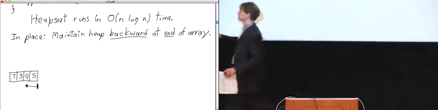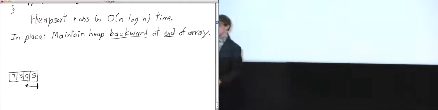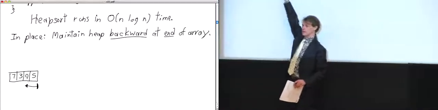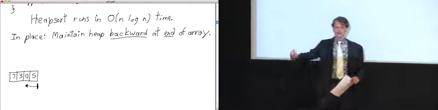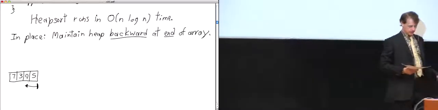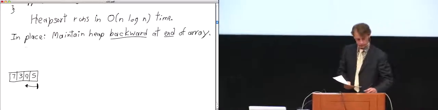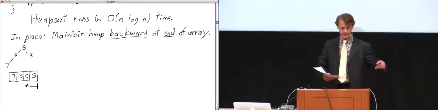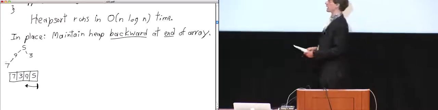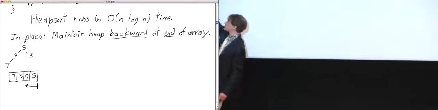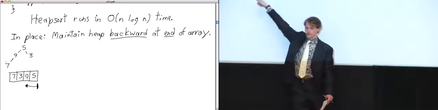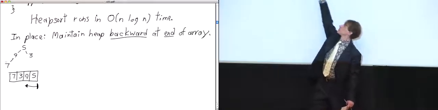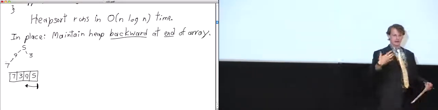I read the first number to be the root, and then the left child of the root, and then the right child of the root, and then the left child of the left child. And so doing reverse level numbering, 5 is the root, 9 is its left child, 3 is its right child, and 7 is the left child of the 9. Again, you get this just by starting at the right, reading towards the left, start with the root, and just fill the numbers into the tree level by level.